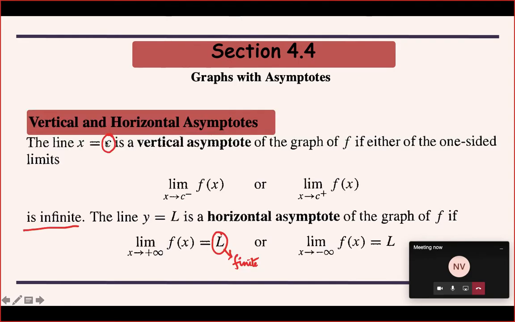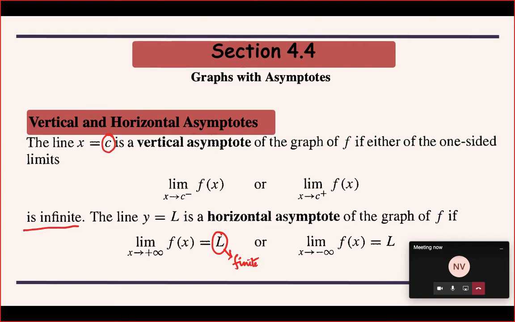You have to check which of these limits are infinite; it can happen that both of these limits are infinite, or only one of them is. That depends, and you may have more than one c, so you can have more than one vertical asymptote. You should look for each of the values, exhaust all the possibilities, and get the equations of all the vertical asymptotes.